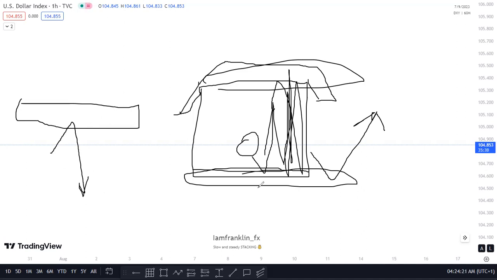So this is the basic difference between support and resistance.